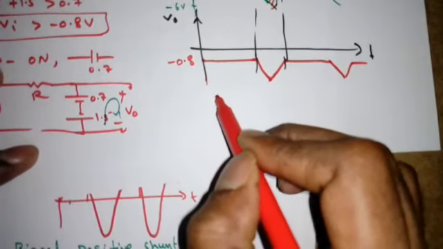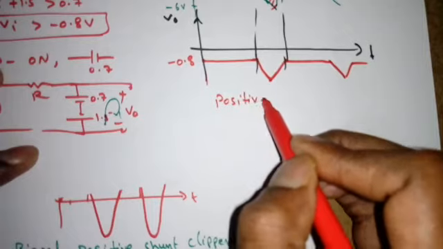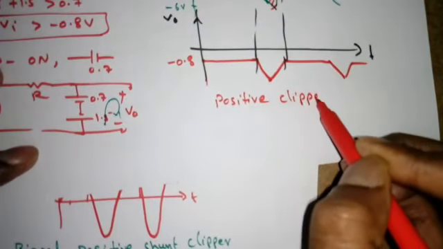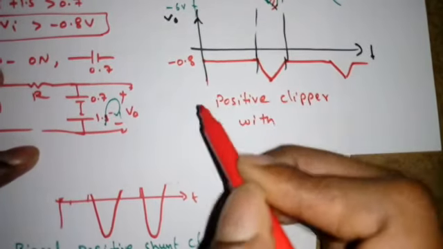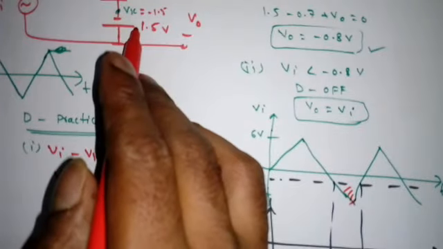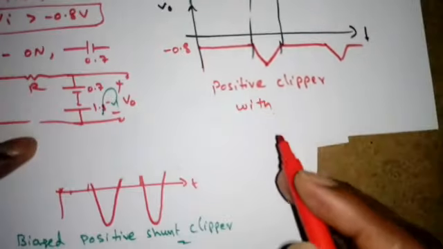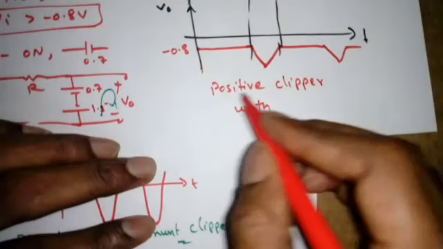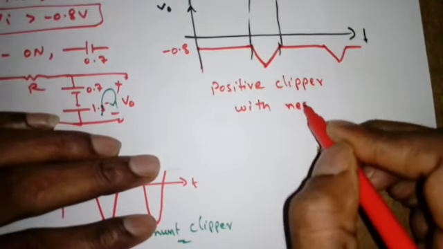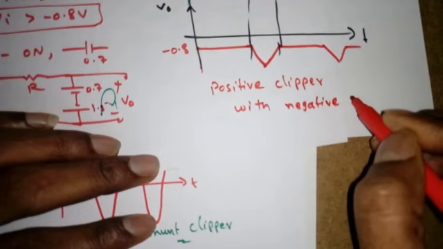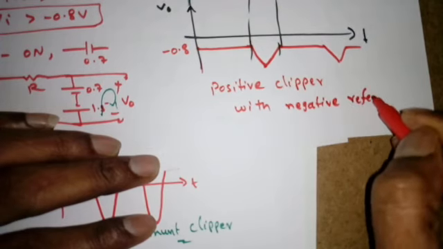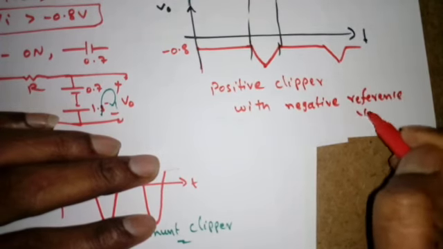So again it is a positive clipper with biasing only, but that biasing voltage is negative. So sometimes some books you may have seen like this, positive clipper with negative biasing voltage or reference voltage, right?